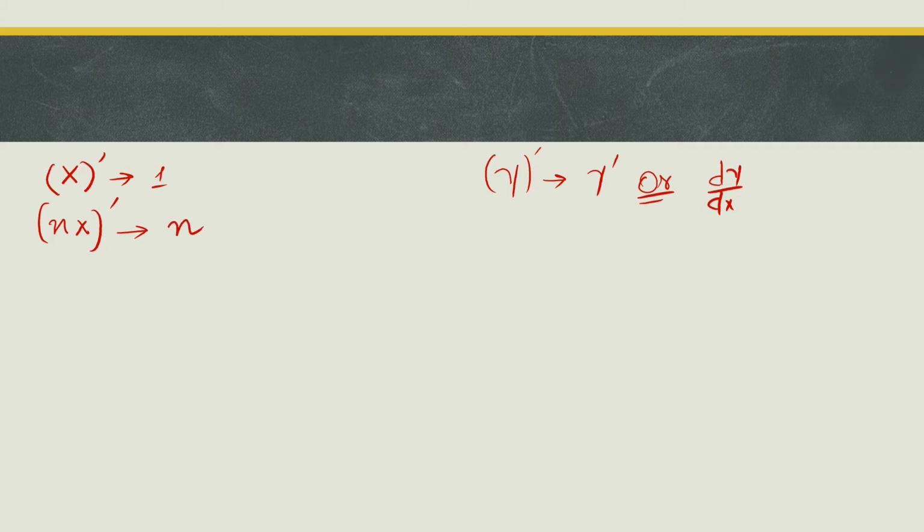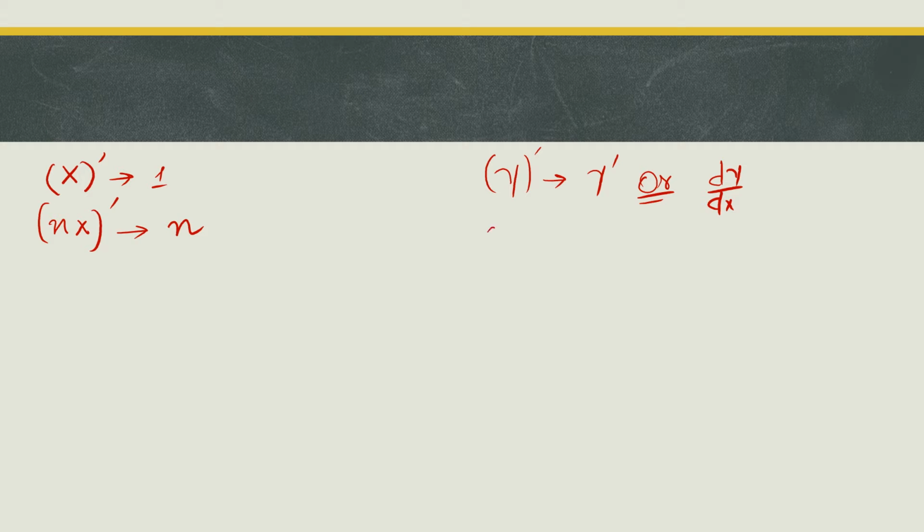The derivative of x is 1. But if we ask what is the derivative of y, it is y prime. Or, if you don't like writing y prime, you can also write dy by dx. Similarly, the derivative of a constant times x, that is nx, will be only n, because the derivative of x is 1.